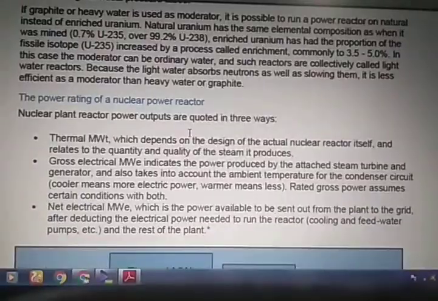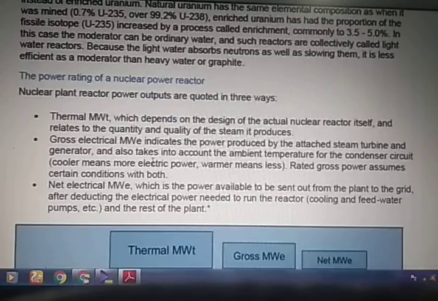The second one, by which the power rating of a nuclear power reactor is calculated, is gross electrical MWE, which indicates the power produced by the attached steam turbine and generator, and also takes into account the ambient temperature for the condenser.